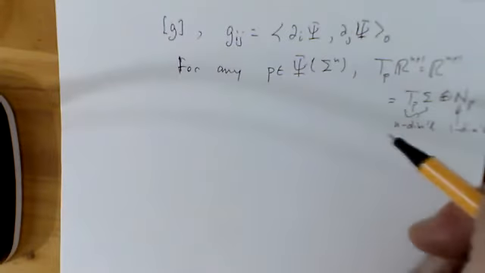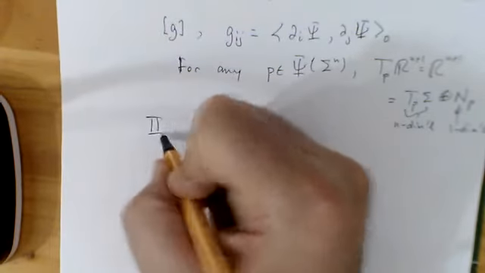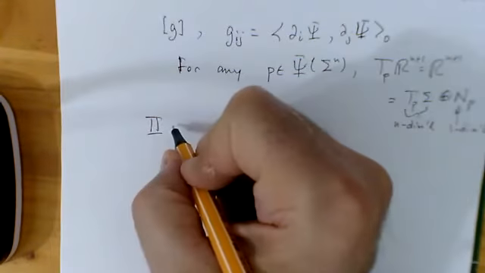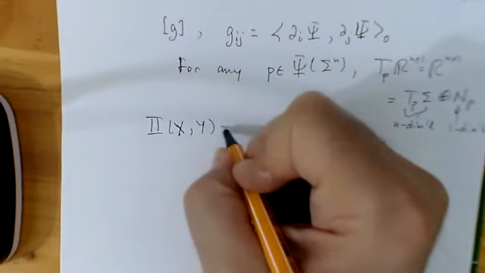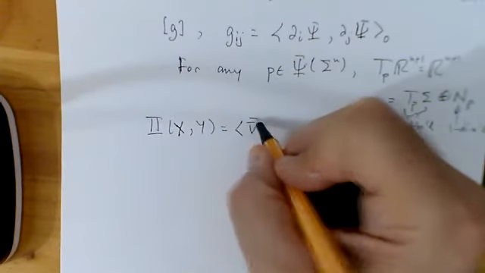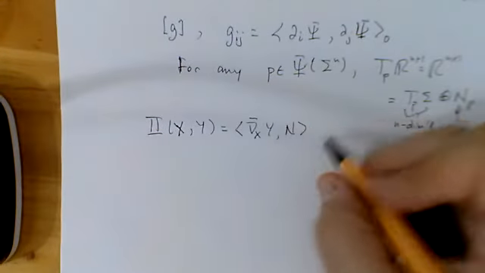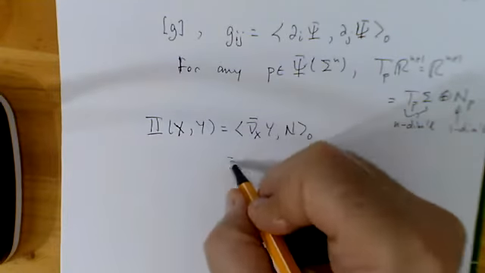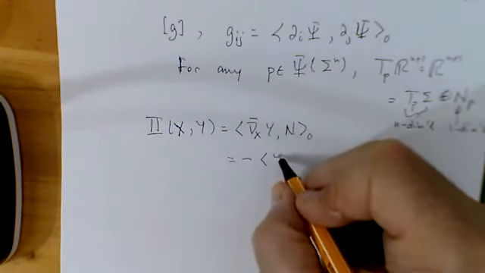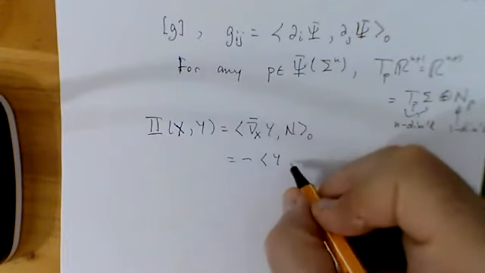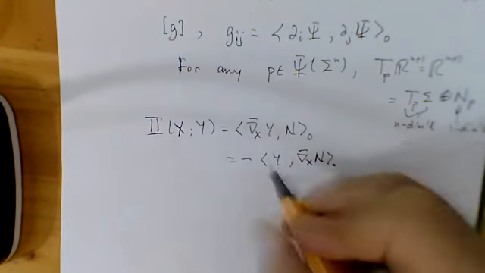So then I can still write down my second fundamental form, and I still have this nice formula as before, and this will still be minus y del bar x n.